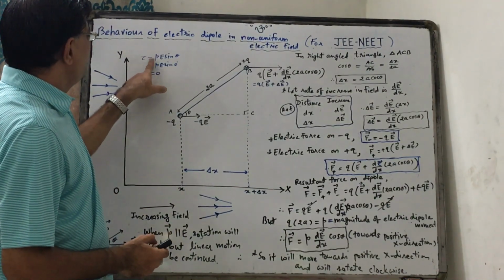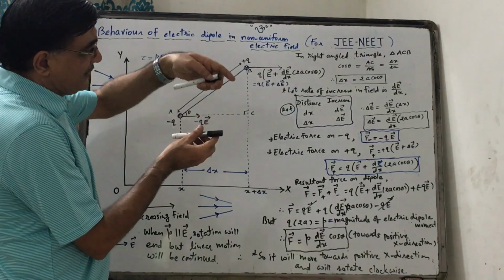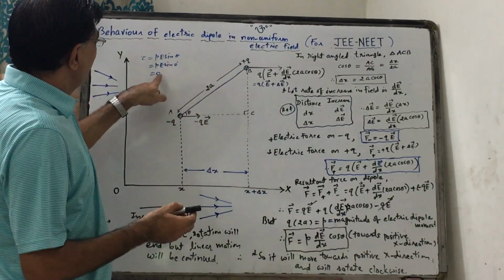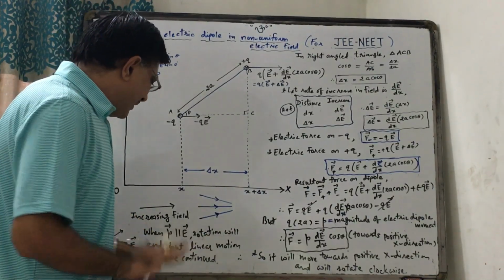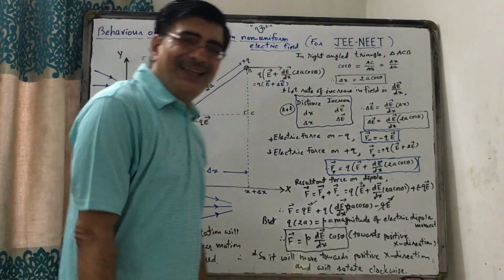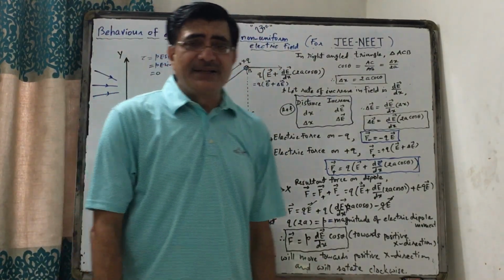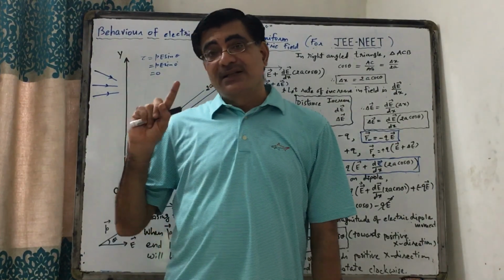Torque tau equals PE sin theta. For this P, suppose this is P, this is E, the angle is 0, so sin 0 equals 0, so the torque will become 0. So rotation will end, but linear motion will continue. We will discuss an interesting example of this in the next lecture.